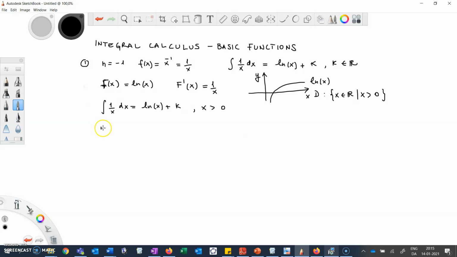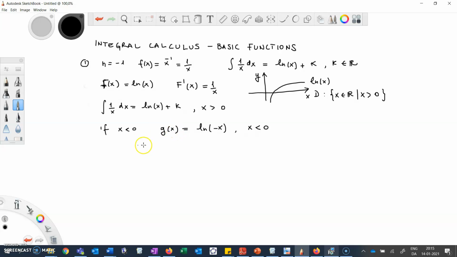Now, in the case of x less than 0, what we can do is define another function, g of x, which is going to be ln of minus x, which is now defined for x less than 0. This provides a function where the argument here is always positive, because minus a negative number is a positive number. So I am defining a function g of x that can be derived.